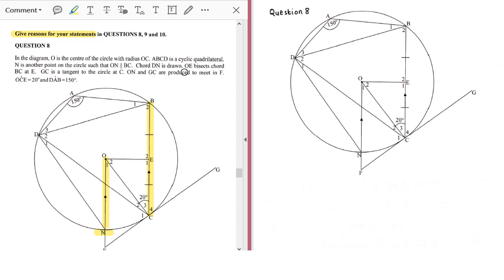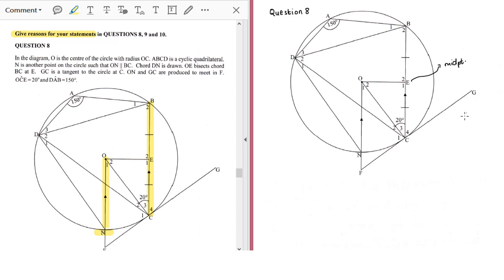We have chords DN which are drawn, and we also have that OE bisects the chord BC at E. So now this is telling us that E is basically a midpoint. What else do we have? We also have that GC, where is that?